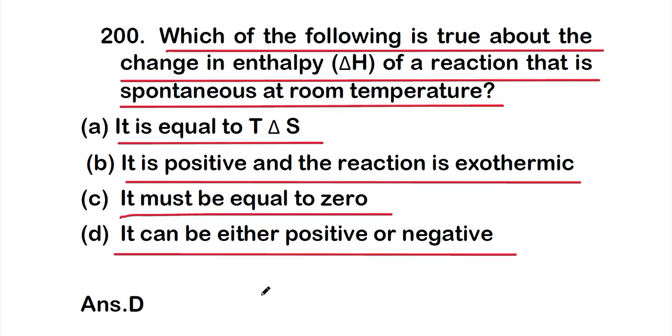So the right one is option D, that is it can be either positive or negative. So the change in enthalpy of a reaction that is spontaneous at room temperature can be either positive or negative.